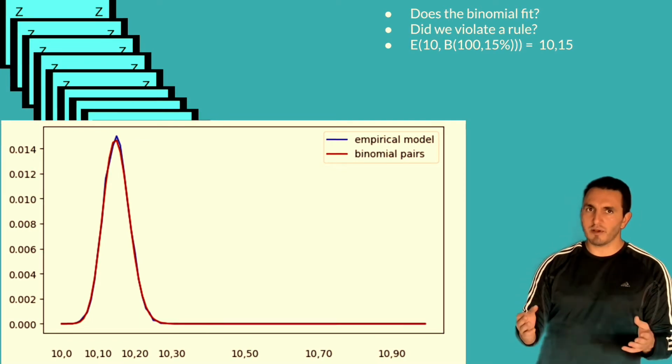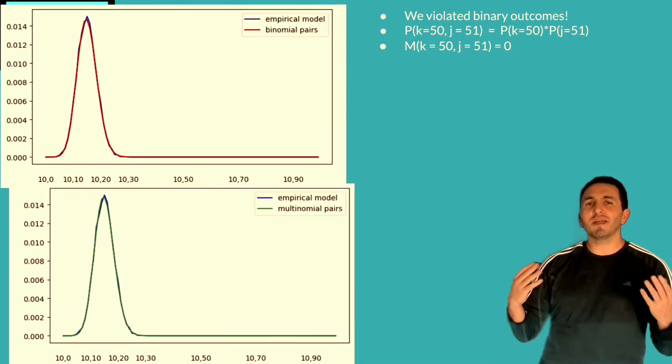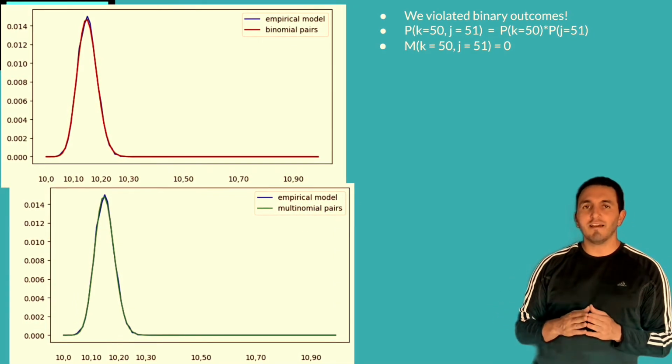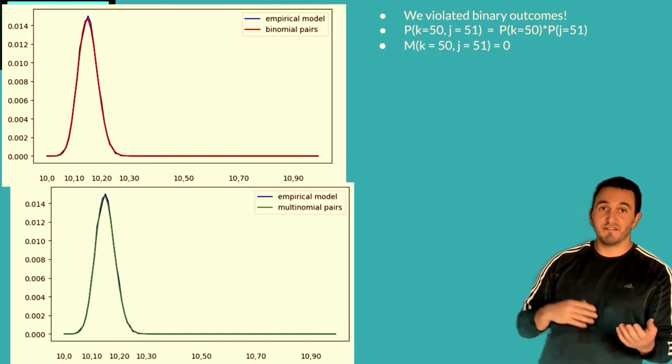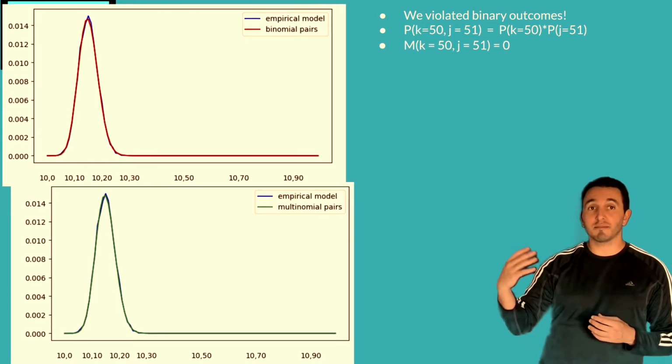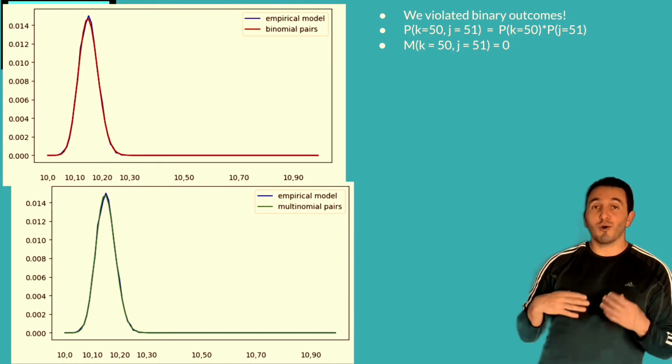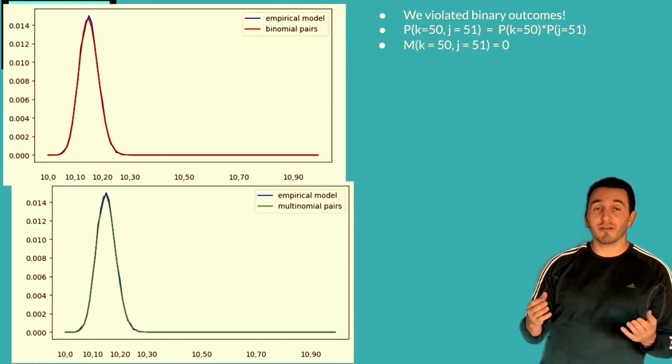That would also be non-zero. However, we know that's not possible because you can't have 101 total reads. There's only 100 reads. So you can't have 50 and 51. So when you evaluate them separately, you're actually overcounting probability where there is no probability.